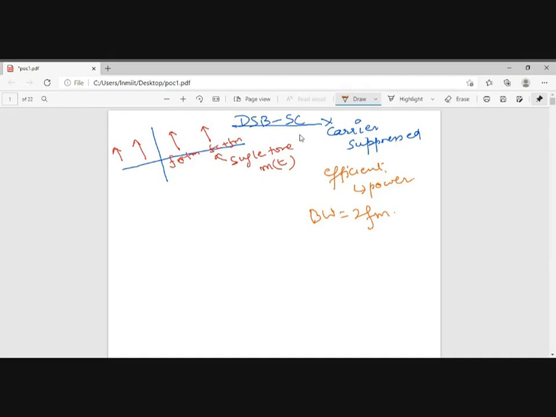So this was discussed, and we also know that s_DSBSC(t) is equal to m(t) into c(t). It will have two components, whatever the magnitude, A cos of (fc plus fm)t plus A cos of (fc minus fm)t. This was already discussed in the previous lecture.